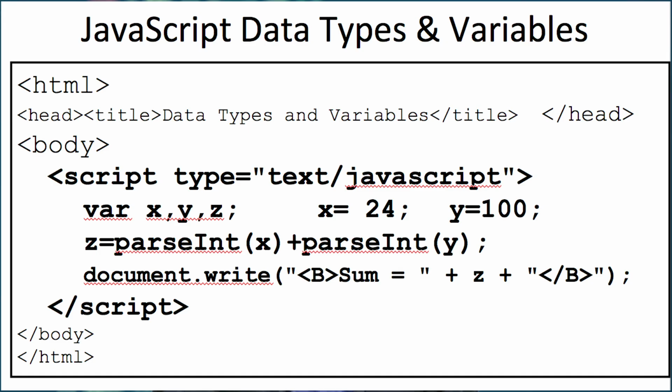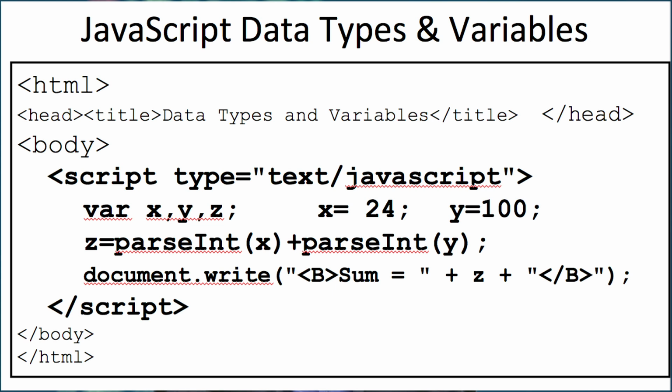That's why we have written parseInt x. x is 24, and 24 is stored in text form. By using parseInt we convert it into integer form, and again plus parseInt y, y is also converted into integer. After converting x and y into integers, we add these two variables, and finally the output is transferred into the z variable.